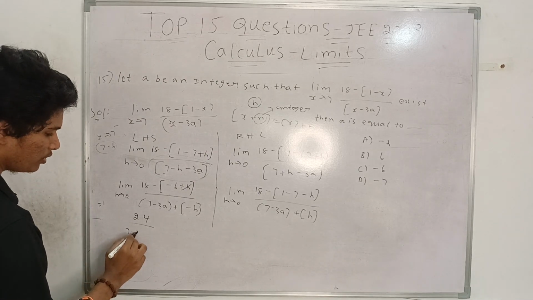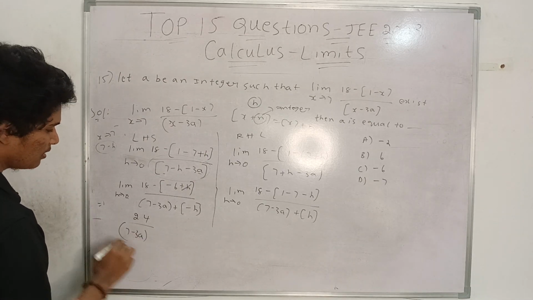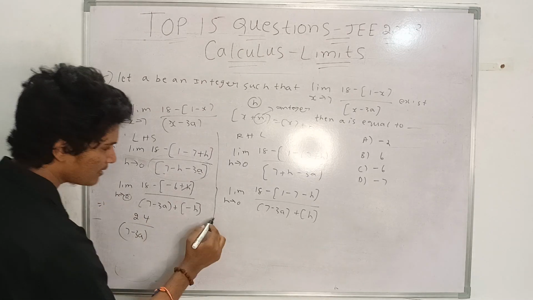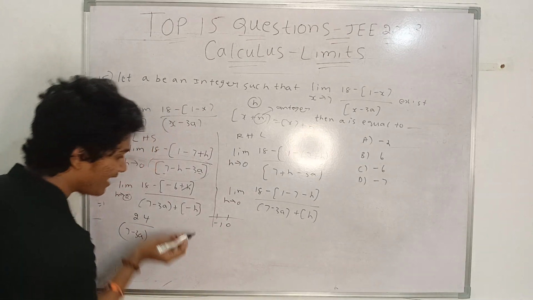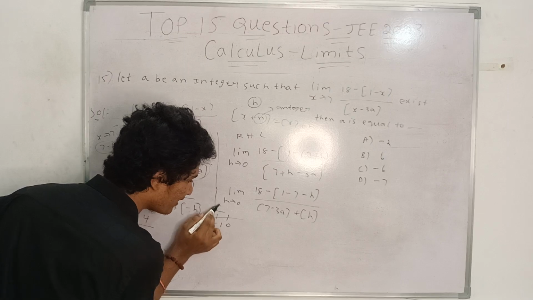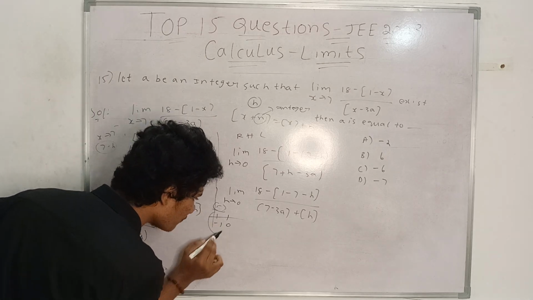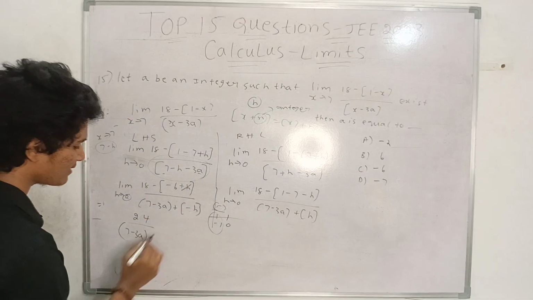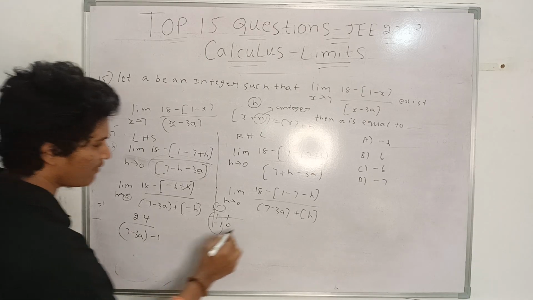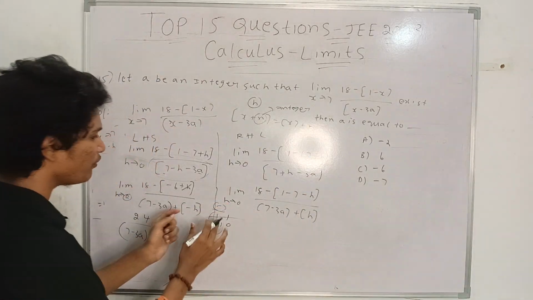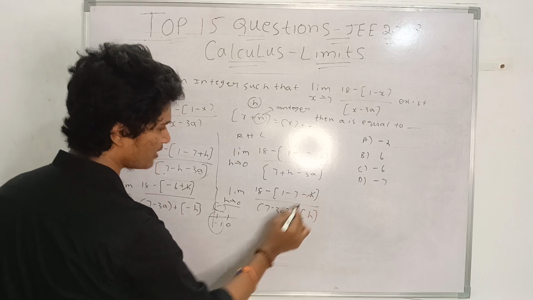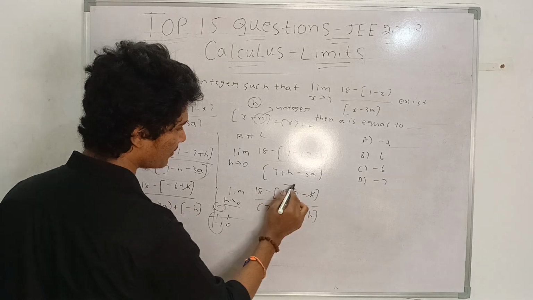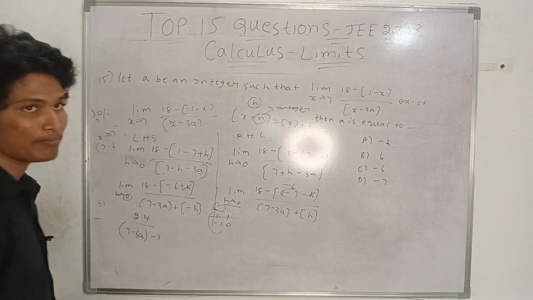And for the denominator part, when h is tending to 0, take the number line. When h is tending to 0, what is the value of the greatest integer? It is minus 1. And when you substitute h tending to 0 here, it is 0. Here it is minus 6.